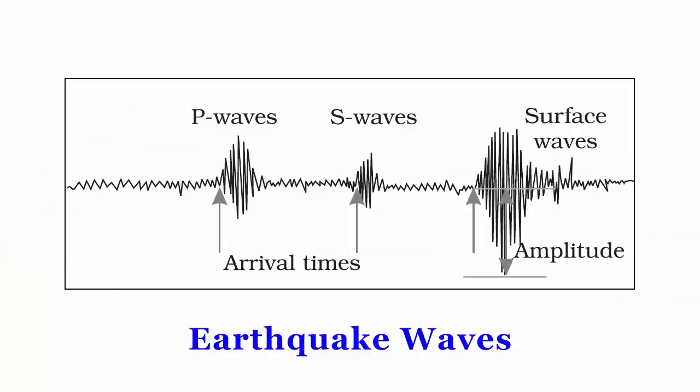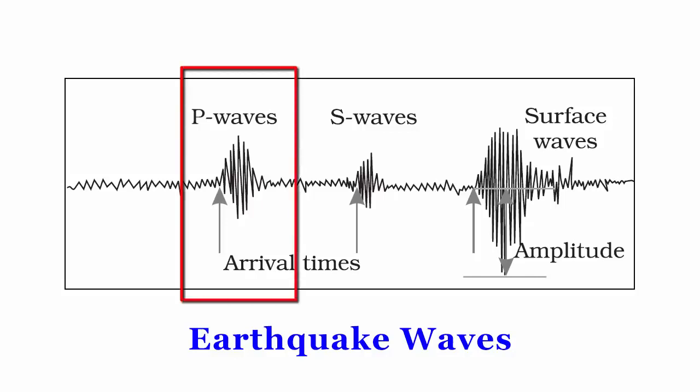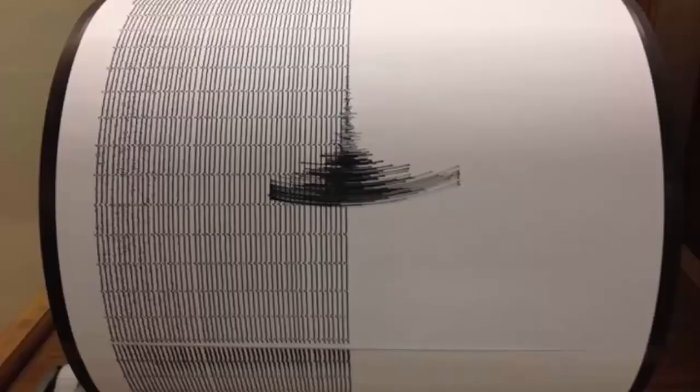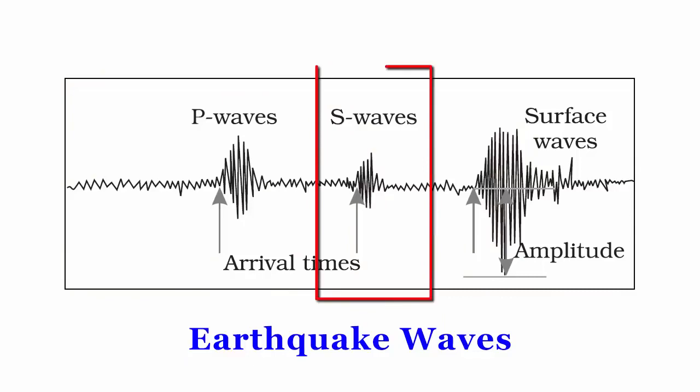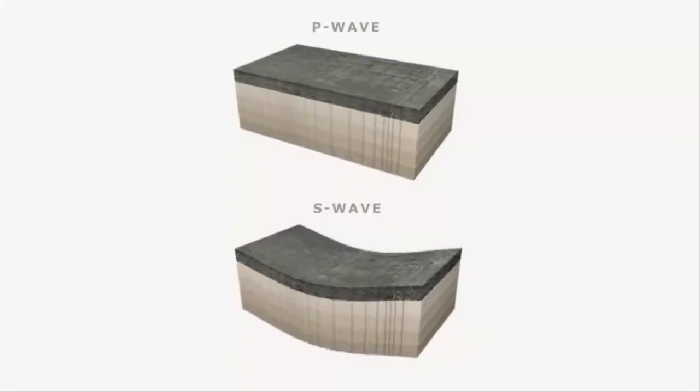Now going back to the picture that I showed you, if you look at this picture, there are two types of body waves. They are called P and S waves. The letters P and S stand for primary and secondary. When I say primary, they are the first ones that get recorded on a seismograph, the instrument. And then comes the secondary wave. You can look at this illustration to understand how these waves look.